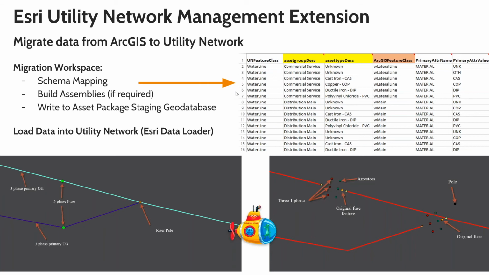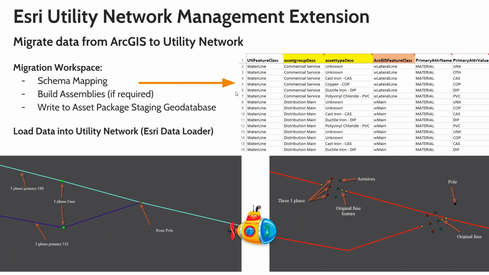So in an electric network, for example, a fuse will be expanded into its individual components, such as an arrestor and the fuse and the original assembly. So the migration workflow that we have there will do those sort of feature expansions as well, building what we've been referring to as high fidelity devices. And all of that is written to a staging GeoDatabase called the asset package.